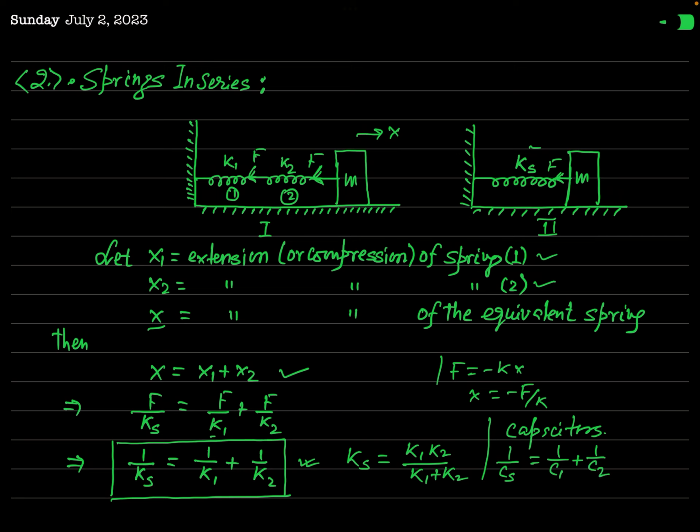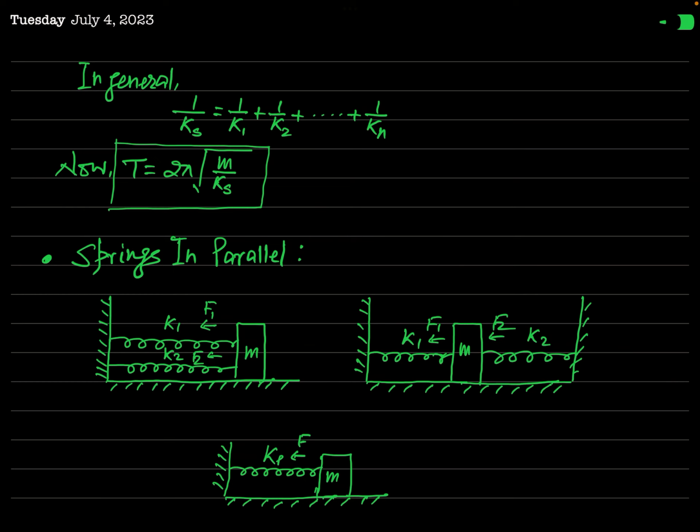So springs connected in series are just equivalent to capacitors connected in series. But this result is just opposite to resistances connected in series. In general, if there are n springs connected in series, you can generalize this result. If all are massless, then 1 over Ks will be equal to 1 over K1 plus 1 over K2 plus so on, plus 1 over Kn.